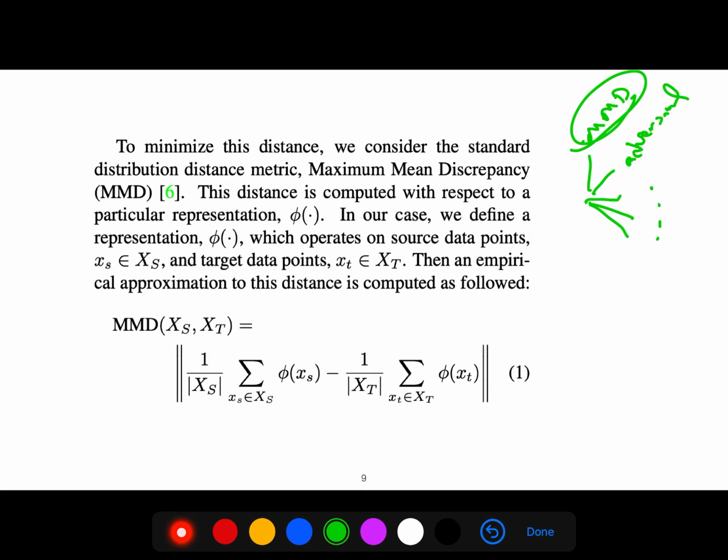This distance is computed with respect to a particular representation phi. Here summation is on the source, here on the target. So we define a representation which operates on source data points and on target data points. Then an empirical approximation is like this.